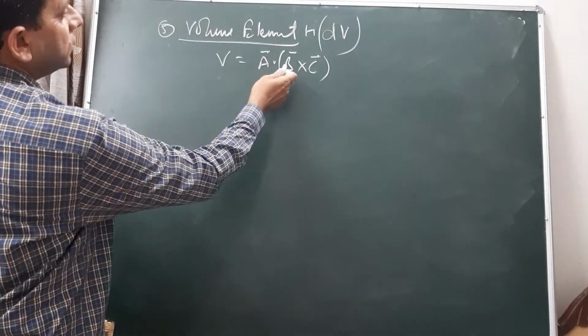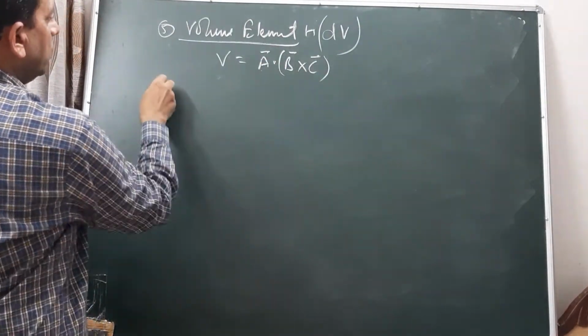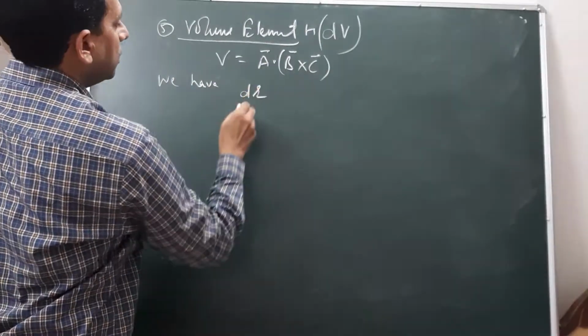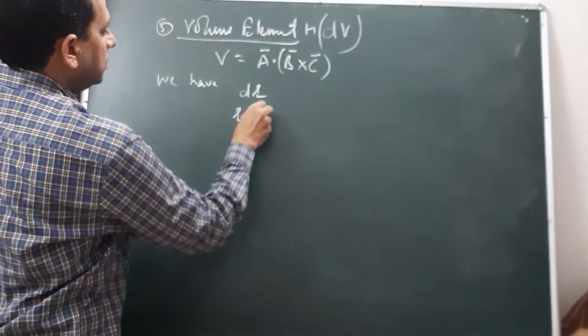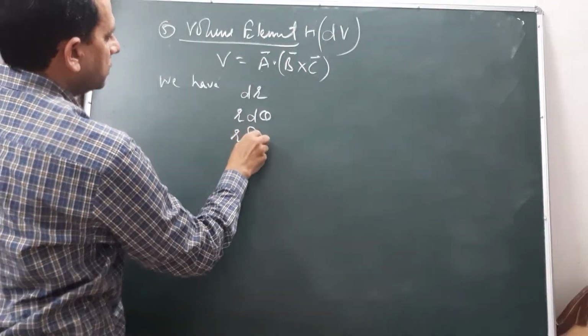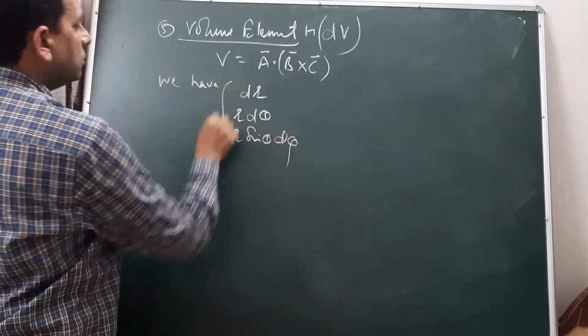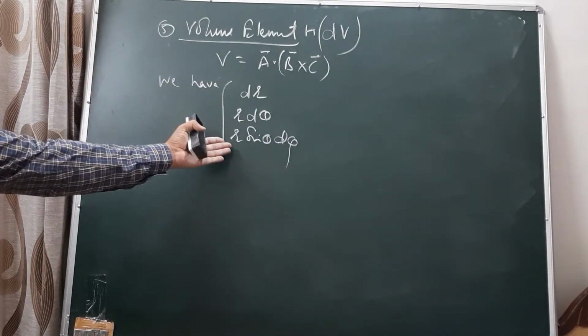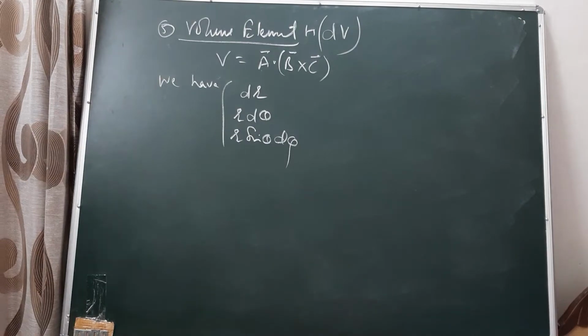So, first A, second B, and third C. So, we have dr as the first element, r d theta as the second element, and r sin theta d phi as the third element. So, these are the three elements or three sides of the sphere.